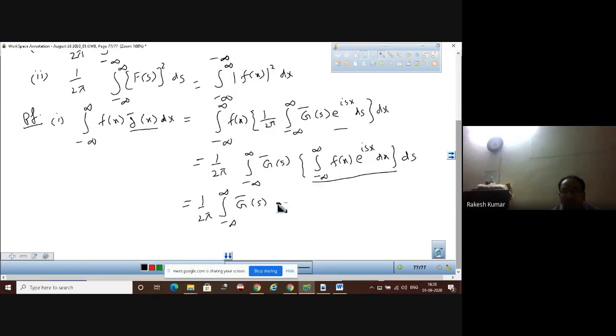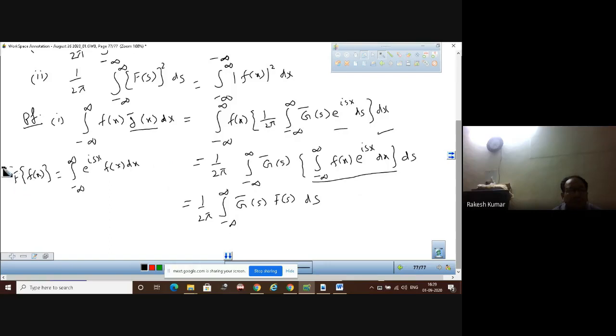This is the definition of f of s. It means to say the Fourier transform of f of x. This is the formula for the Fourier transform of f of x. I will write down the Fourier transform formula. The Fourier transform of f of x is integral from minus infinity to infinity of e raised to power iota s x f of x dx.